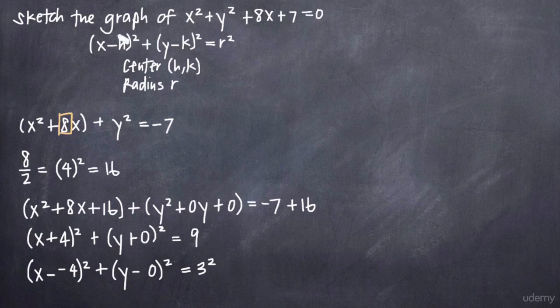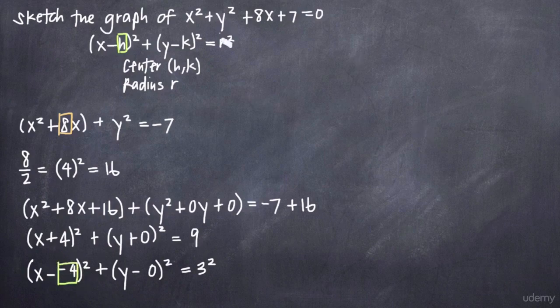So we have in the standard form a value for h, and in our equation we have a value for h here, negative 4. If we had left this as x plus 4, we would need to know that the standard form for the equation has a minus sign here, and we would have to indicate negative 4 instead of positive 4. By changing it into x minus negative 4, we can make sure that we have the correct sign on h.